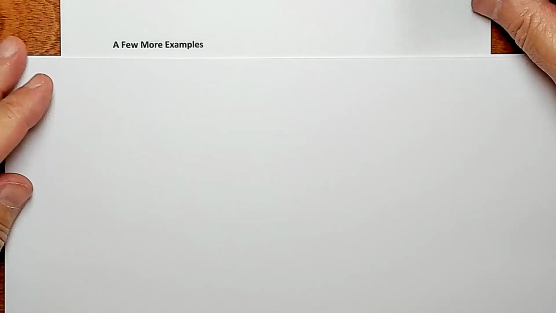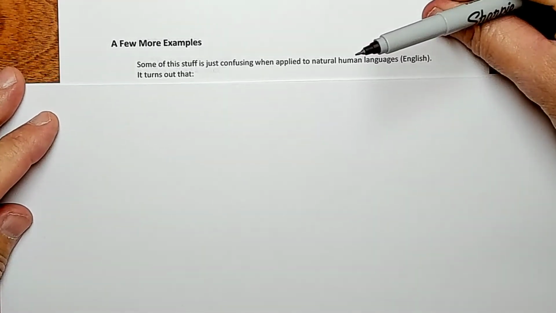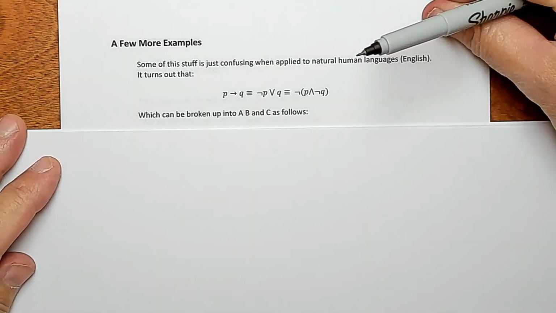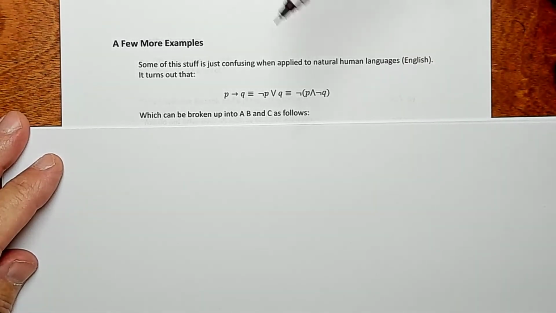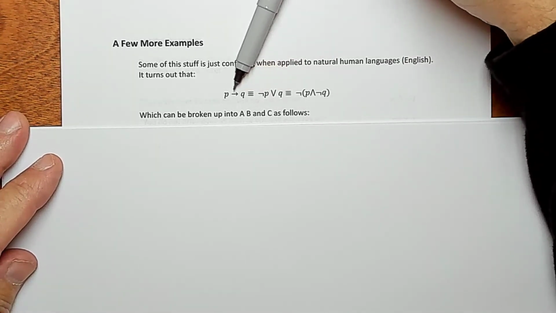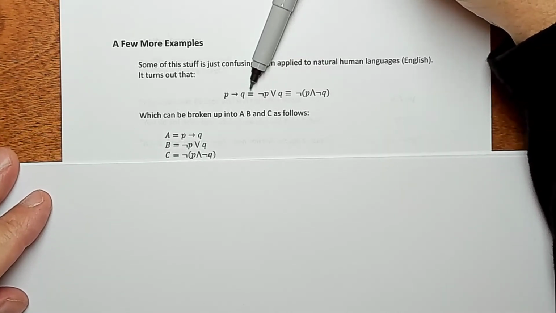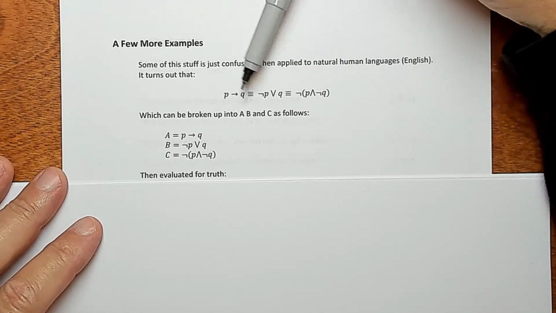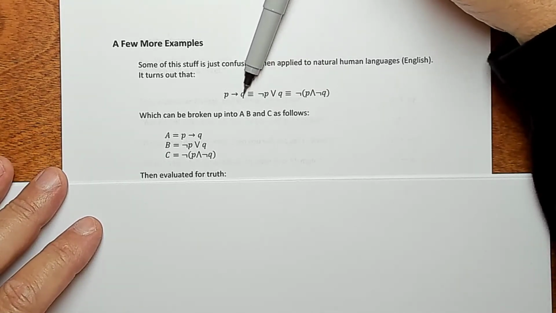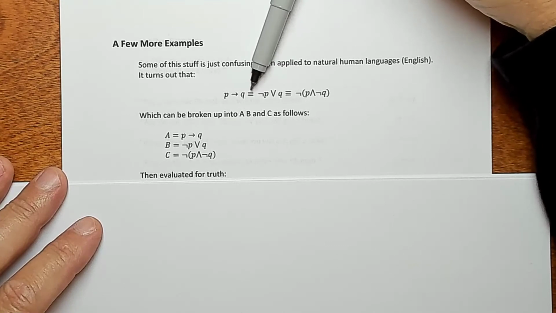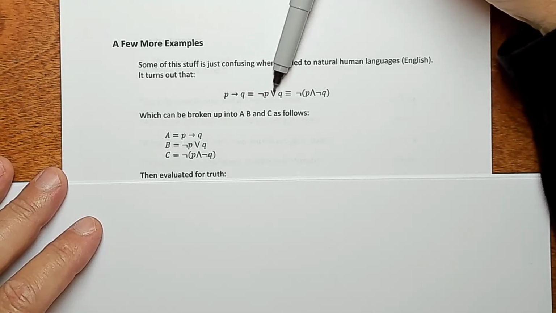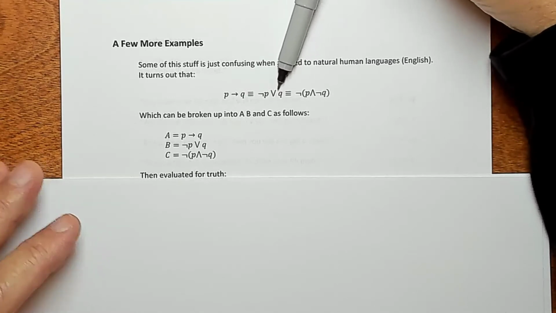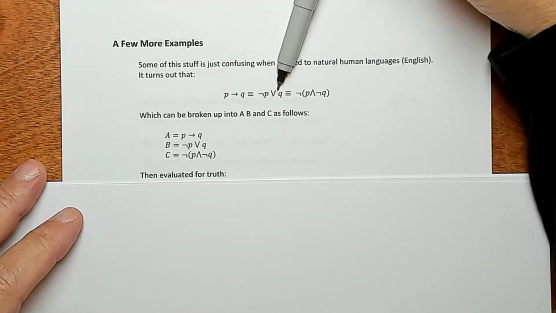So, just to drive the point home that applying this to natural language has problems, let's look at another example here of a couple of things that happen to be logically equivalent and are interesting to look at. So we have P implies Q, which happens to be logically equivalent to not P or Q. And you could prove that with a truth table, as we looked at earlier.